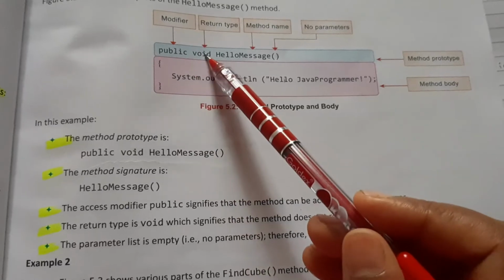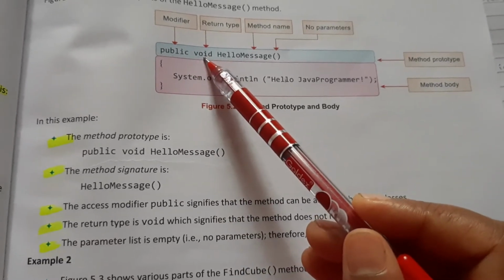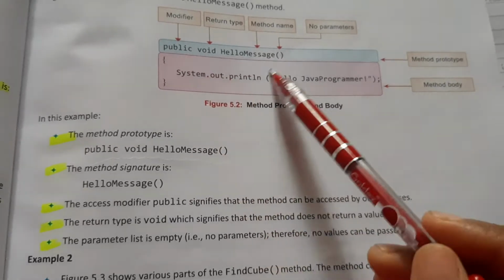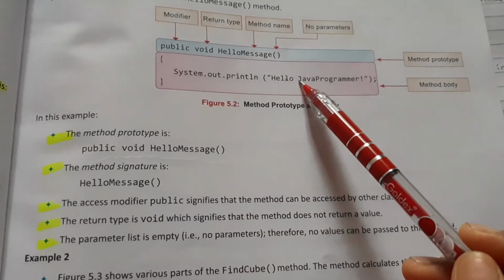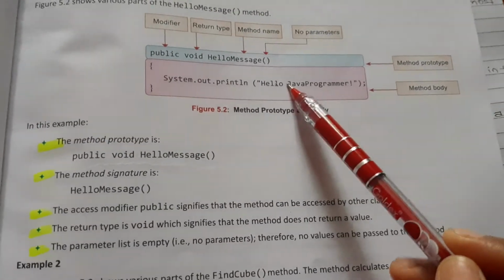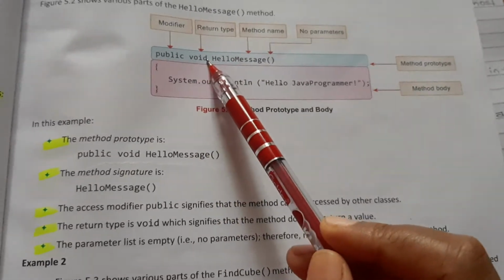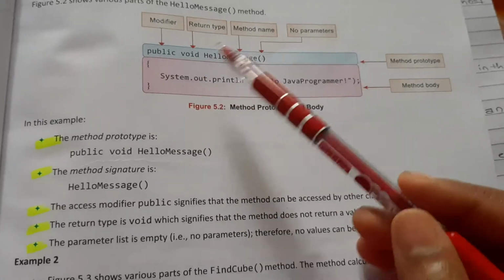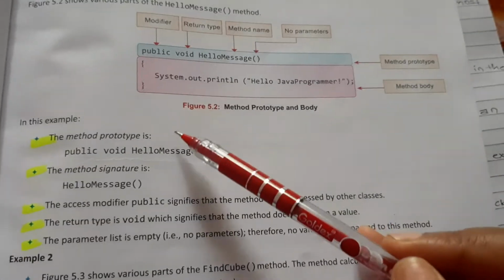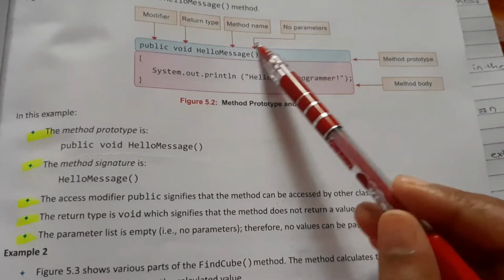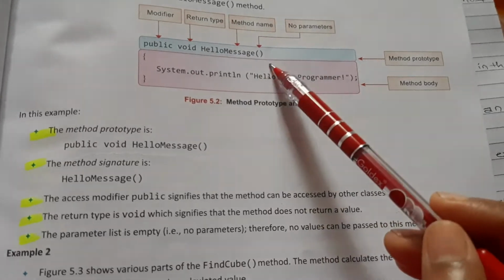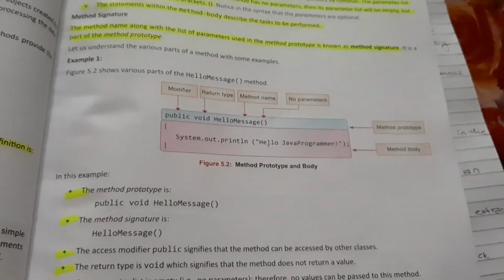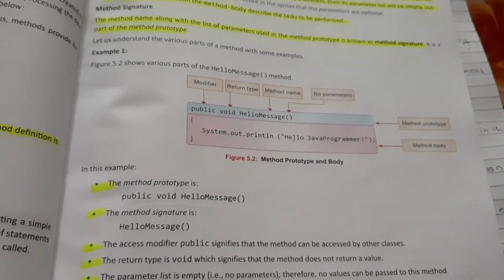If you are writing int, then you are returning an integer value. Since we are not doing any calculations here, we don't want to return anything, so we are writing void. Okay, so when you do this, it will just give you a null value. And the parameter list is empty here, that means you don't want to pass any value to it. Okay, so this is about the method.